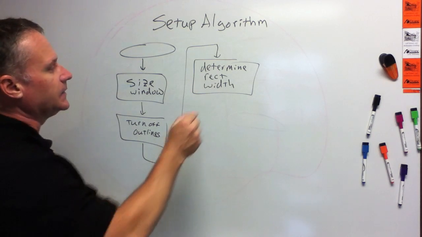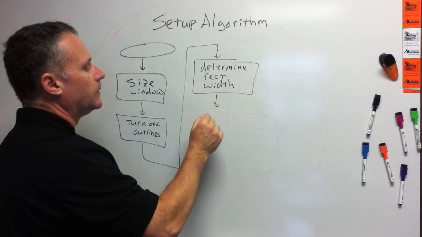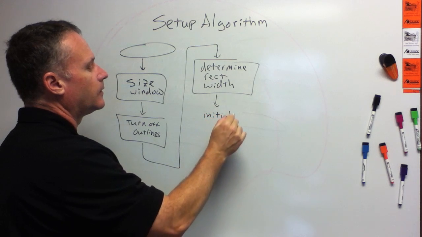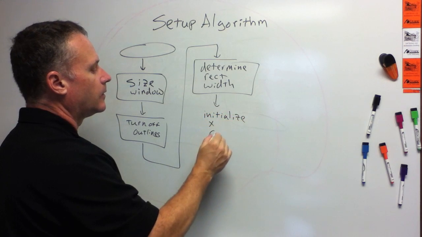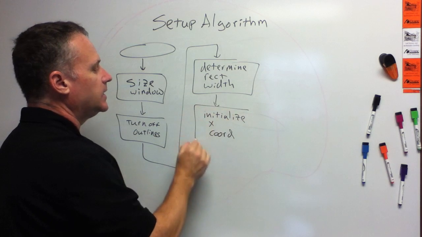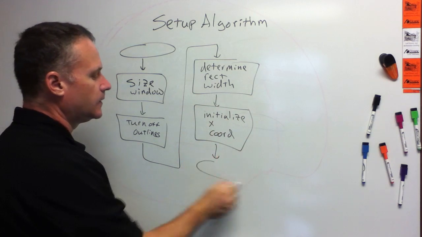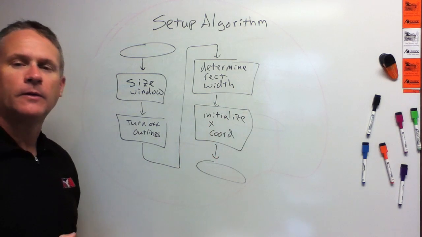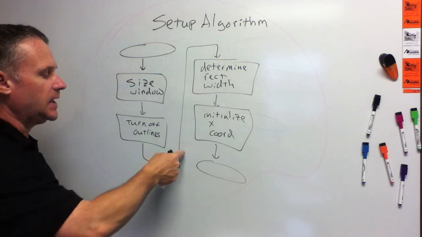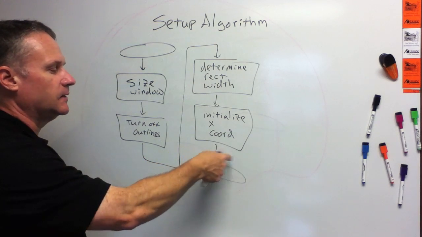And then lastly, what we're going to do is initialize a variable that represents the x-coordinate of each successive rectangle.